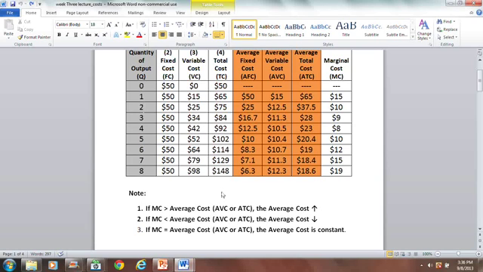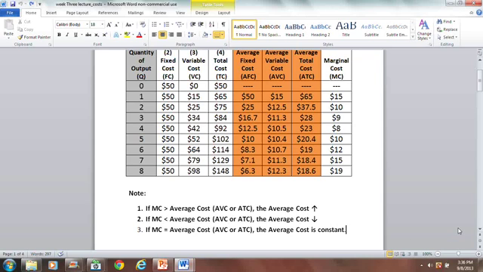So the total costs are also going up. And one way of thinking of the total cost is simply the variable cost shifted up parallel by the amount of the fixed cost. So the fixed cost would be horizontal, the variable cost would be upward sloping, and the total cost would also be upward sloping, but shifted up by the amount of the fixed cost.